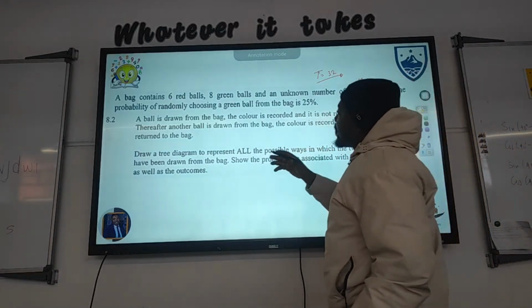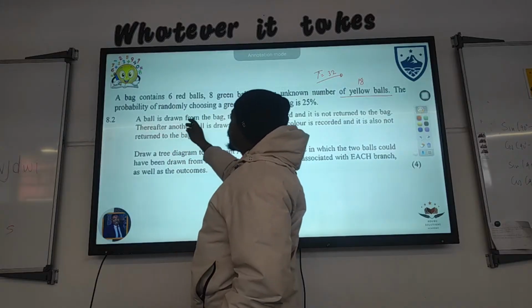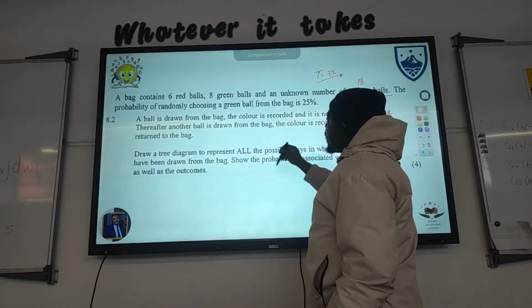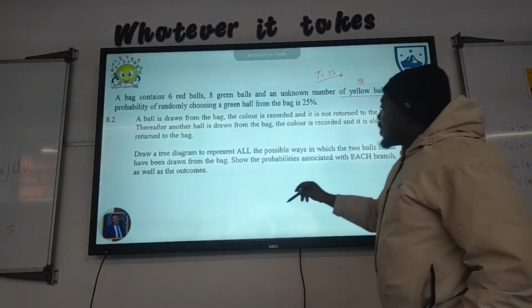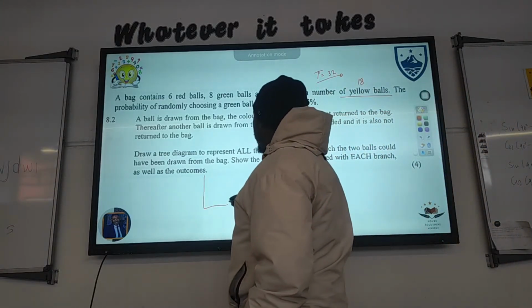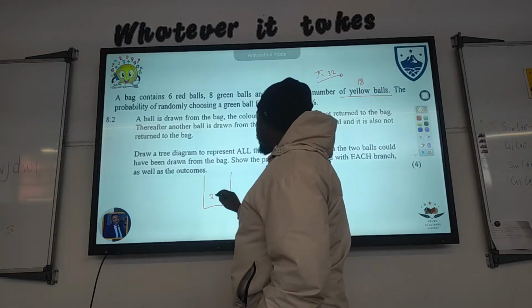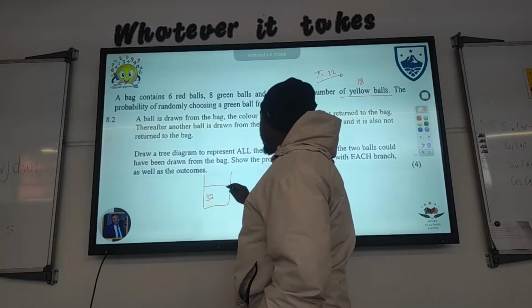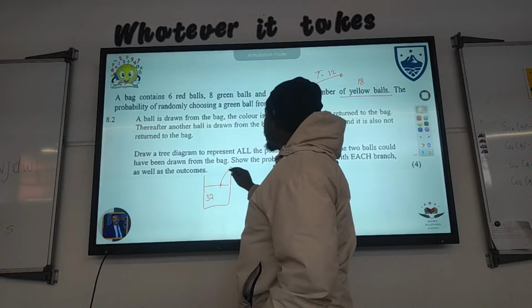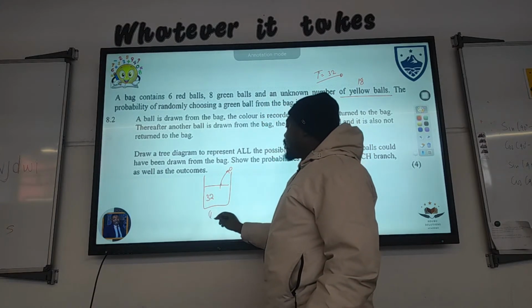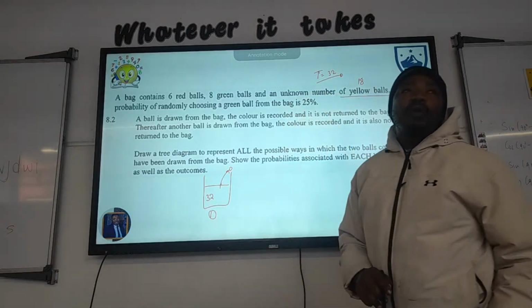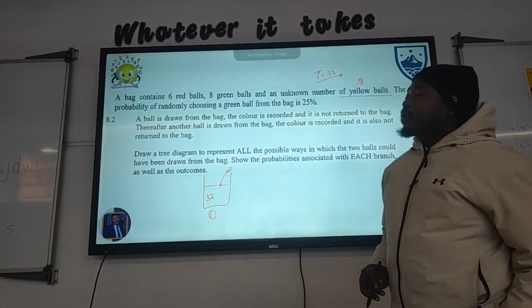So what is happening is that a ball is drawn from the bag and the color is recorded and it's not returned to the bag. So we have those 32 balls inside the bag, and somebody picks out one ball, and after they've taken that ball, they don't return it.